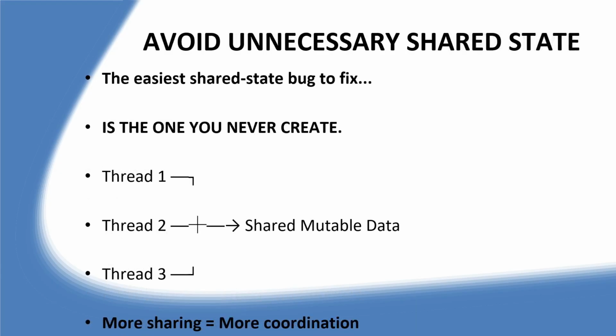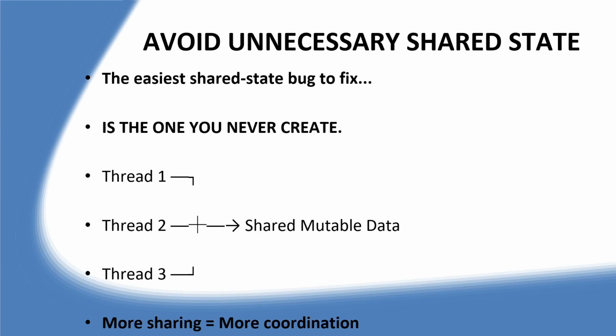So the first one is avoid unnecessary shared state. This is the first best practice: avoid unnecessary shared mutable state. Many multi-threading problems begin when multiple threads can read and modify the same data. Once data is shared and mutable, we need to think about synchronization, visibility, atomicity, race conditions, and locking.